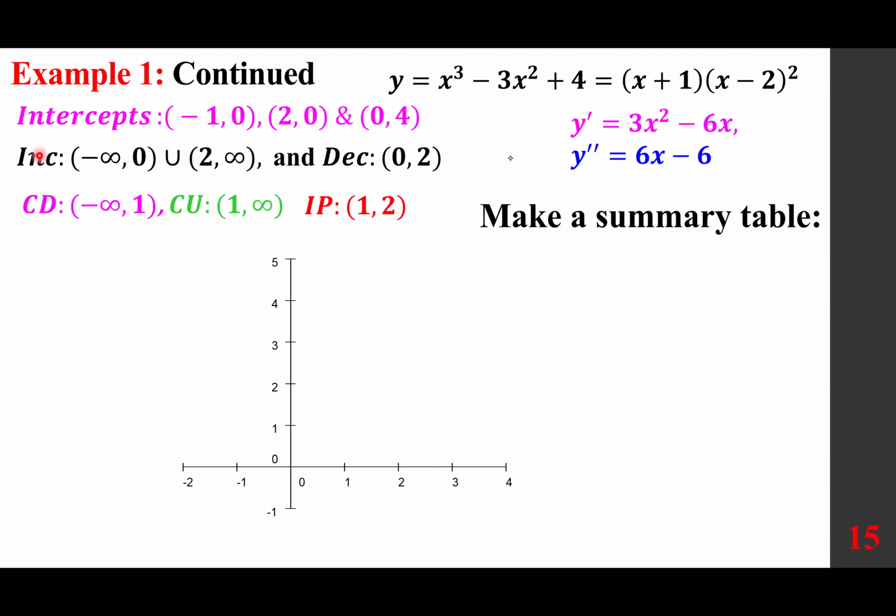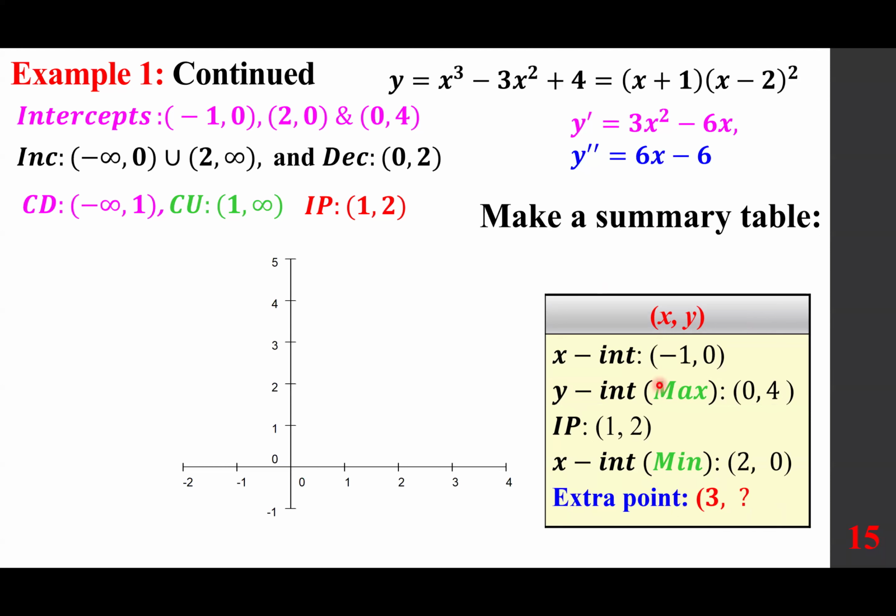Here's the intercepts. Here's increasing, decreasing. Here's concave down, concave up. And I'm going to put everything in summary because it makes it easier that way to graph it. So everything that we have here, I'm going to start from here.